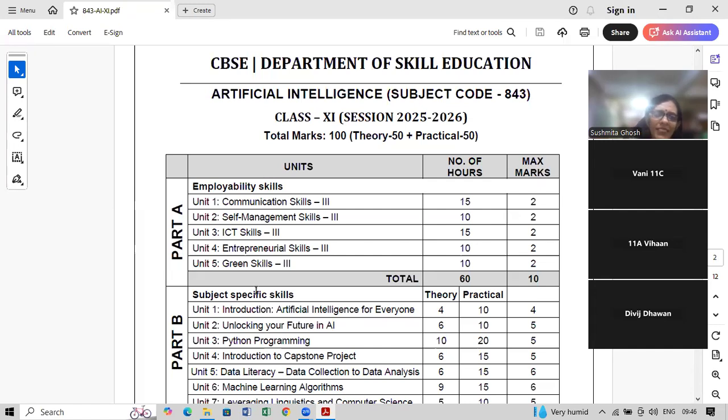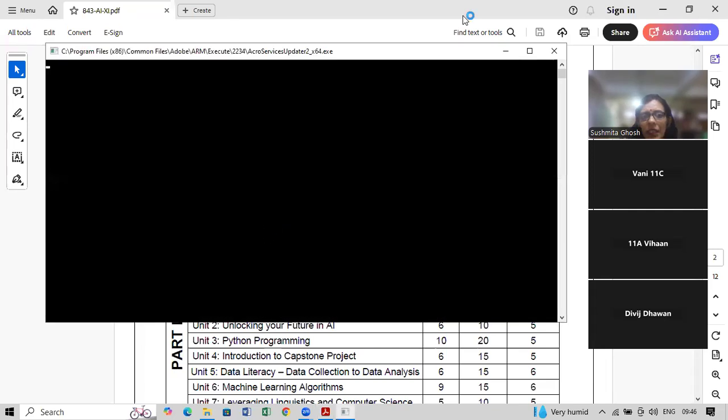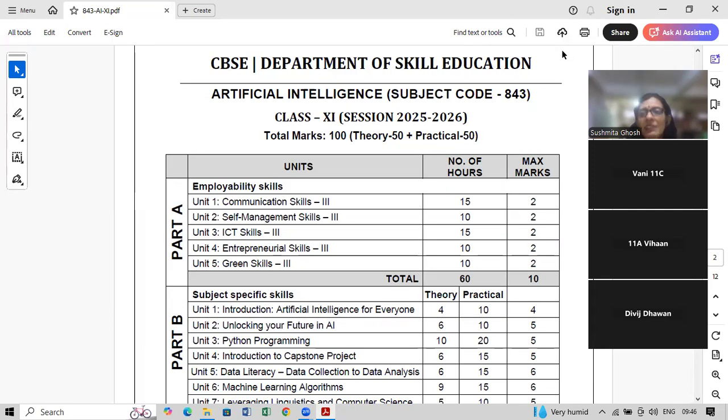If I talk about the basic meaning of employability skills, the reason for introducing this part is that they are trying to make you ready for a business setup once you're out of class 12. So you are good with your communication, you know how to manage yourself, you know the technical details of ICT, and entrepreneurship and green skills, which are very important nowadays.